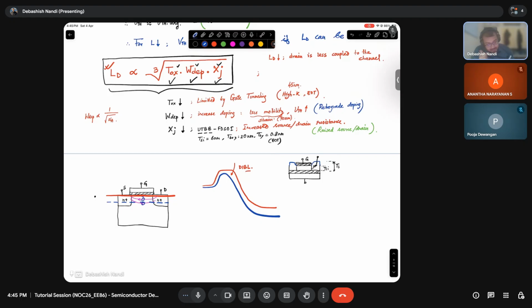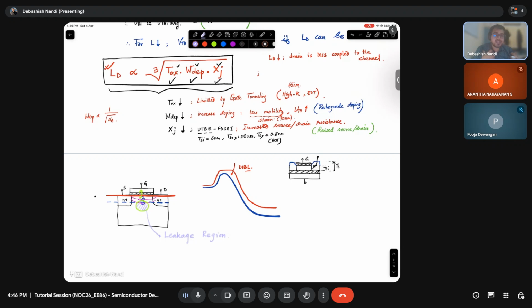Why? Because my control of gate is reaching till this point, but not in this region. So this particular region we call leakage region. Okay, my gate control is not reaching till that leakage region.